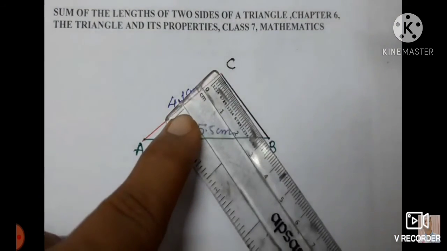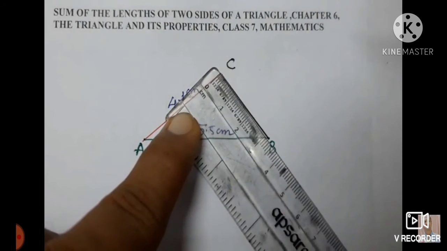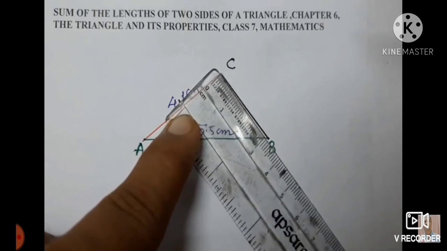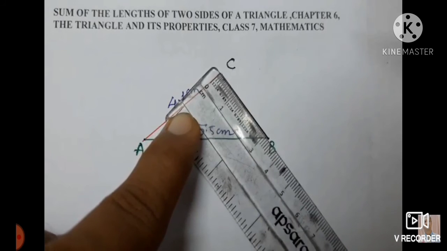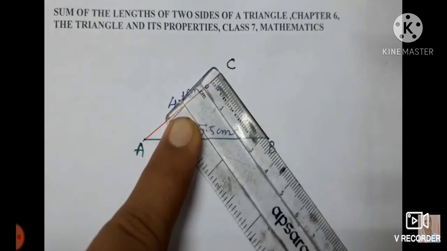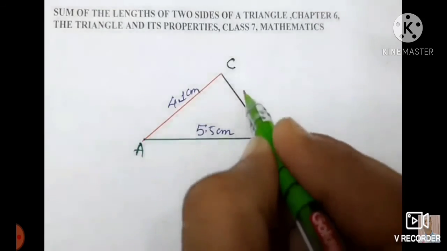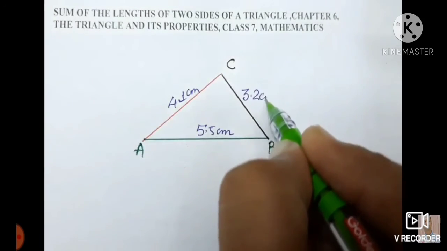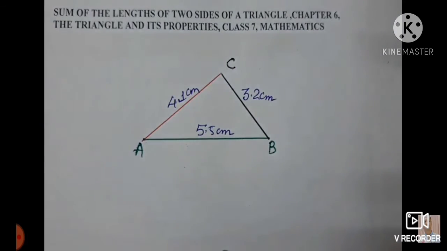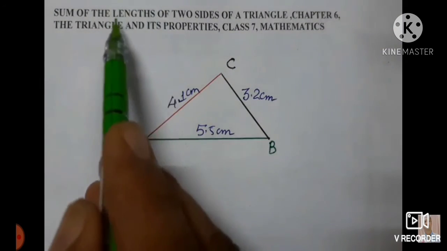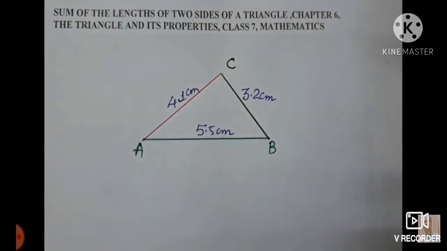Let us measure another side of this triangle ABC, the side BC, using this ruler. The side is 3.2 centimeters. So, this is a triangle with different sides, and we have to verify this property.